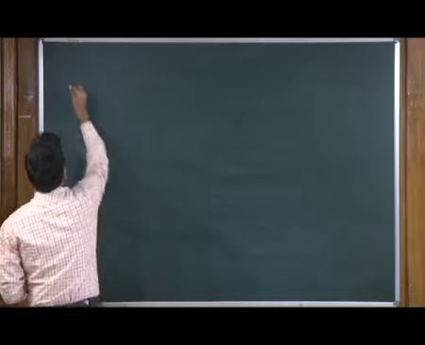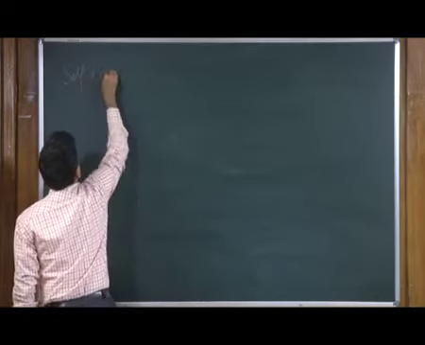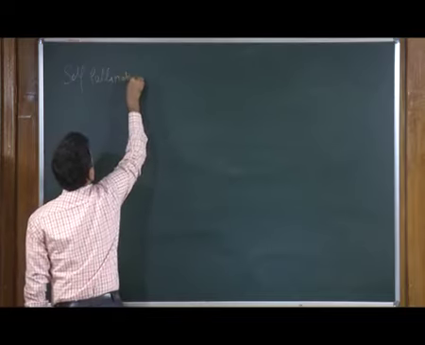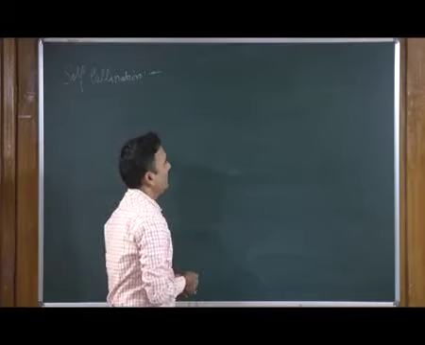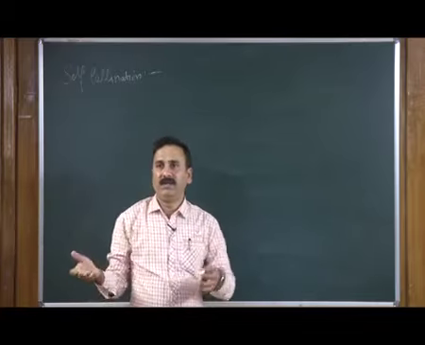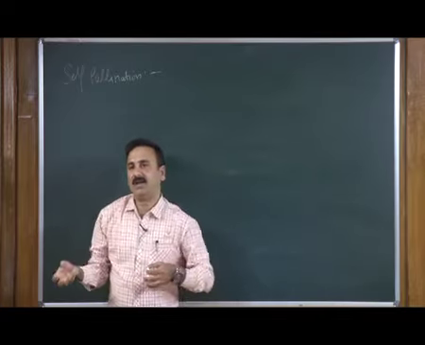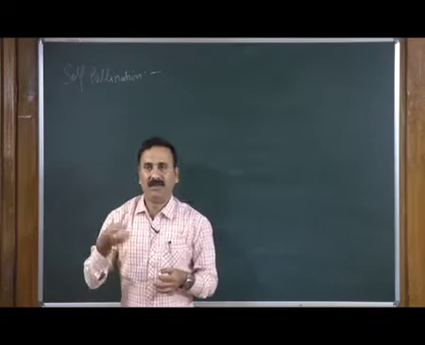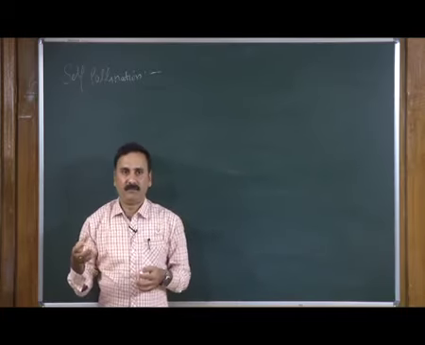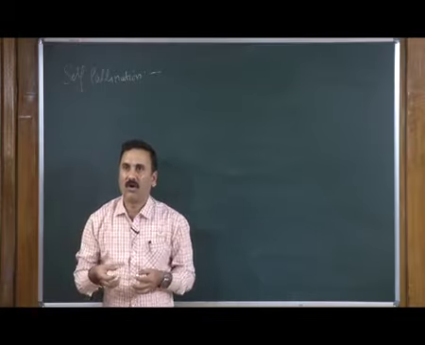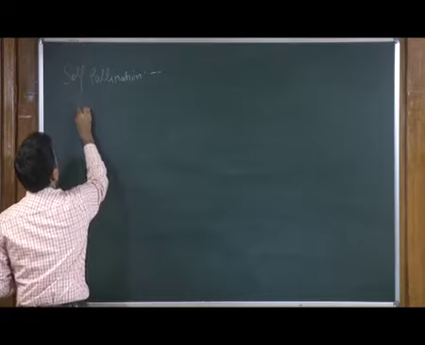Within self pollination, self pollination means the travel of the pollen grains within the same plant, and that could happen either in the same flower or between two different flowers. So, the pollination could be of two types.